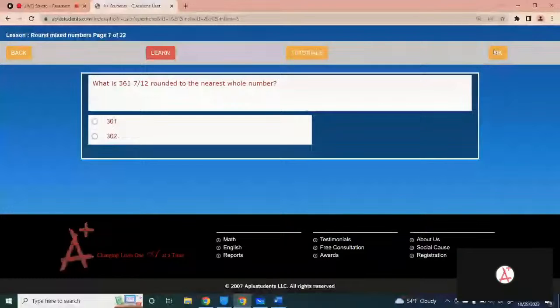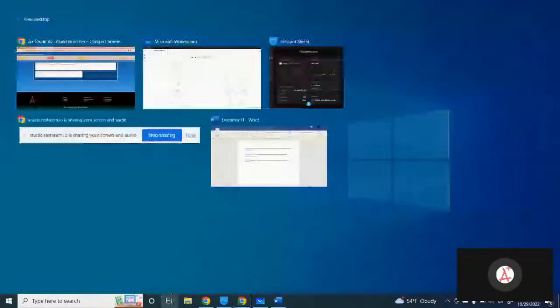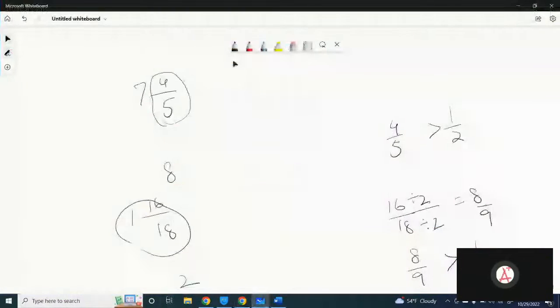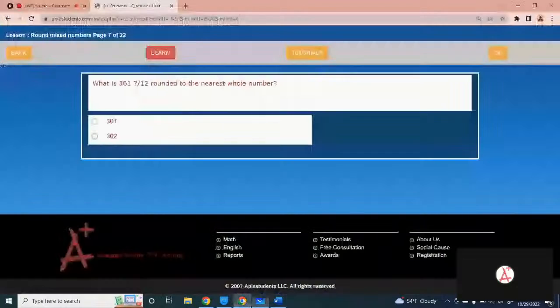Okay, what is 361 whole 7 over 12 rounded to the nearest whole number? So you have to compare 7 by 12 to the half. Is 7 over 12 greater than 1 by 2 or less than 1 by 2? 7 over 12 is greater than 1 by 2.